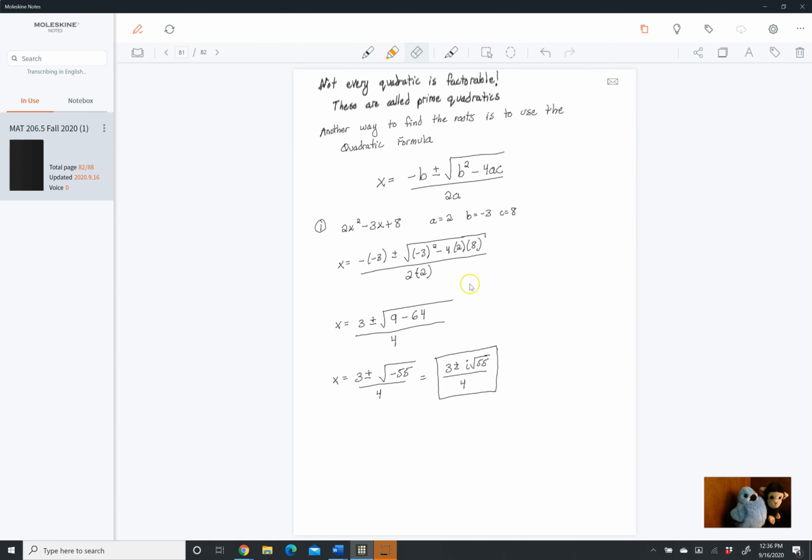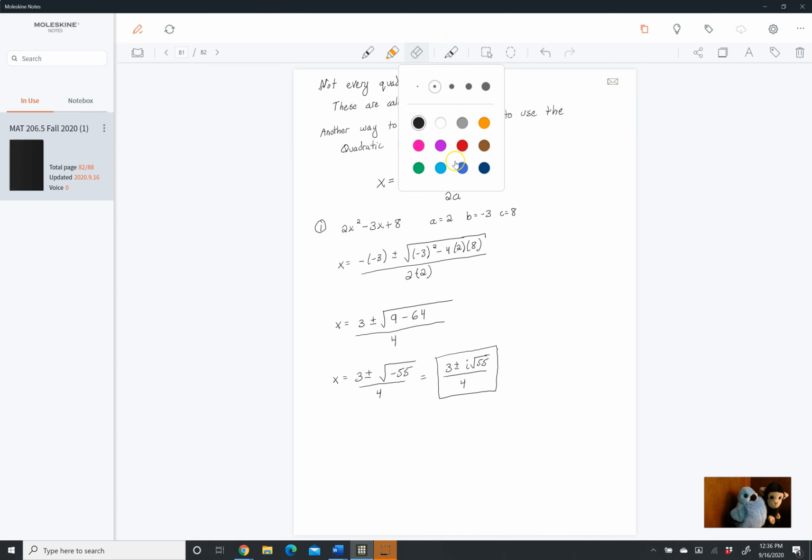So when you have imaginary roots, what you're going to do is you're just going to simplify as much as possible. Make sure that you reduce your square roots. So reduce your radical.